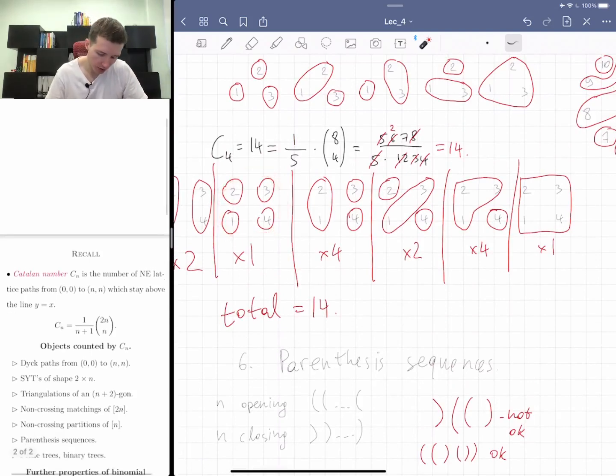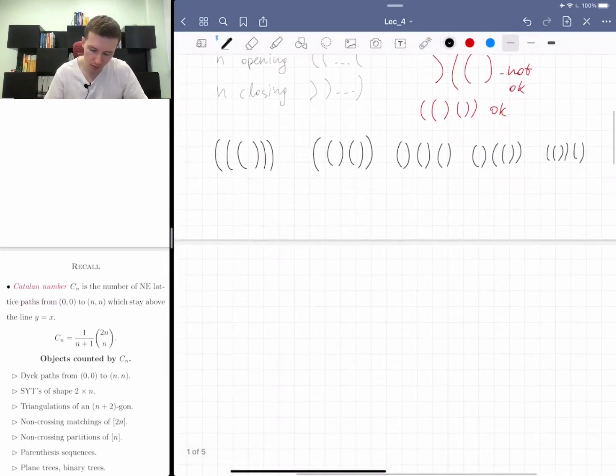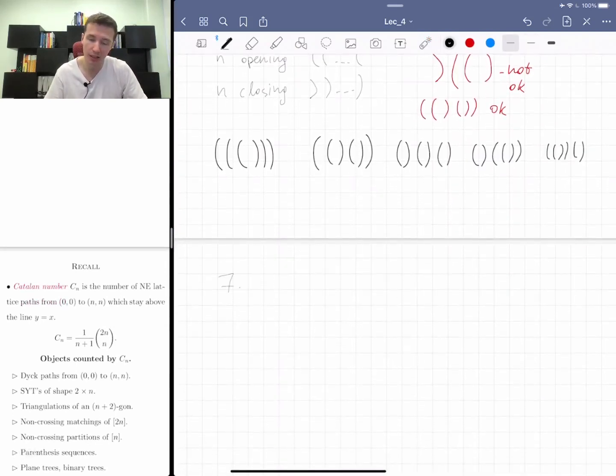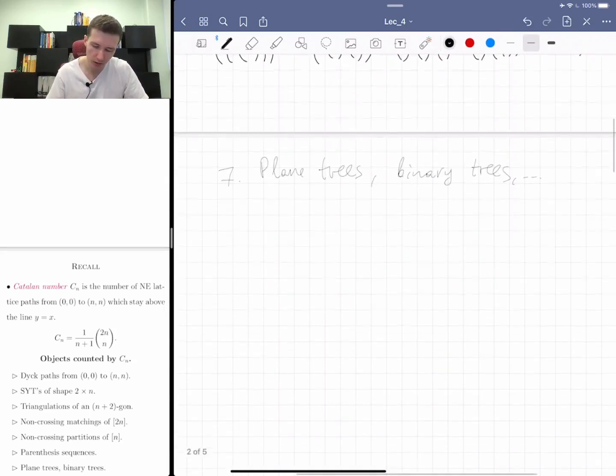And finally, later I'm going to discuss Catalan numbers more in later lectures. So there are going to be plane trees, and binary trees, and so on. We're going to talk about these later. I'll explain briefly: you try to count the number of plane, let's say, complete binary trees. Maybe you draw something like this.